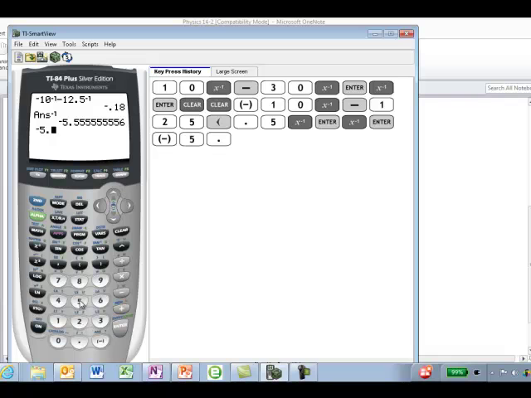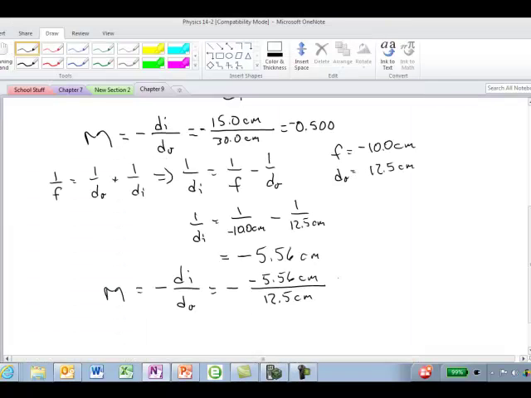Minus 5.56 divided by 12.5 gives us minus 0.445. So again, this one would be a little bit less than half the size of the object.